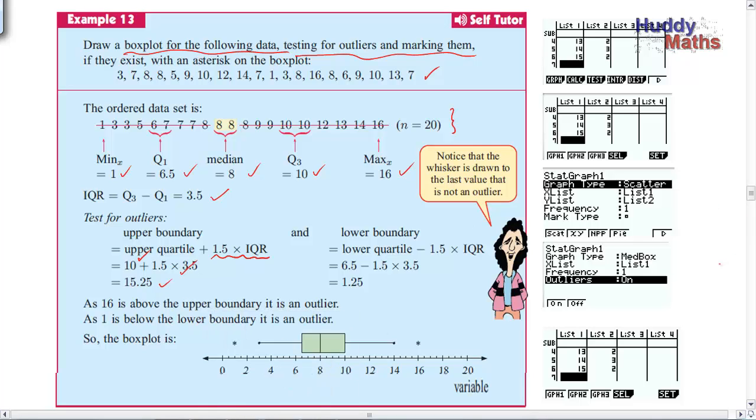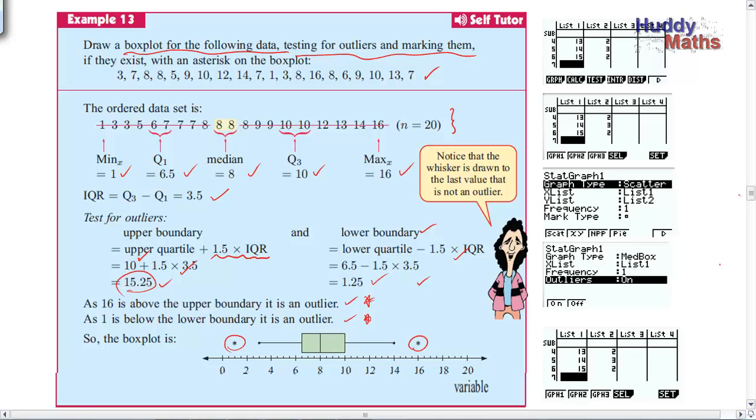And then lower boundary, lower quartile take 1.5, just what we did before. Okay, so these two are outside of that, because we've said you can't go higher than 15.25, and we've got a 16 here. You can't go lower than 1.25 and we've got a 1. So hence the asterisk.